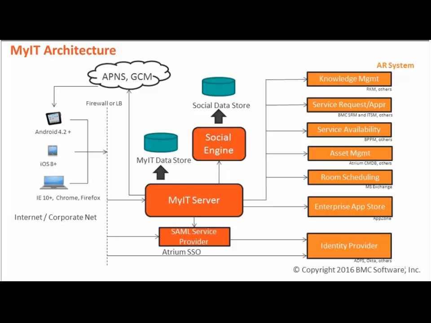So for example, if you want to integrate MyIT with service request management, Remedy, the BMC service request management application, then all we have to do is build a provider to interact with SRM. Similarly, if you want to integrate with RKM, the knowledge management module of Remedy, build a new provider for that. If you want to integrate with anything else like approvals or CMDB, anything.